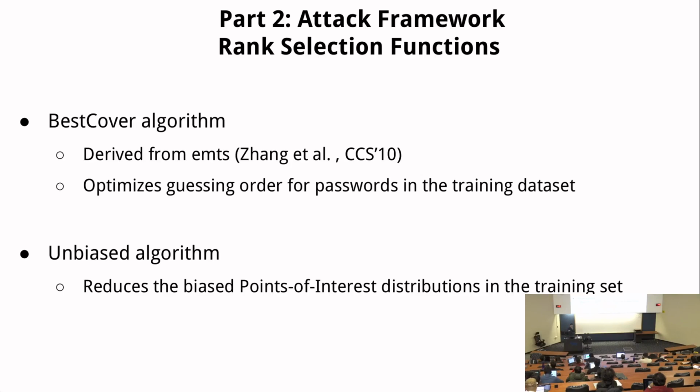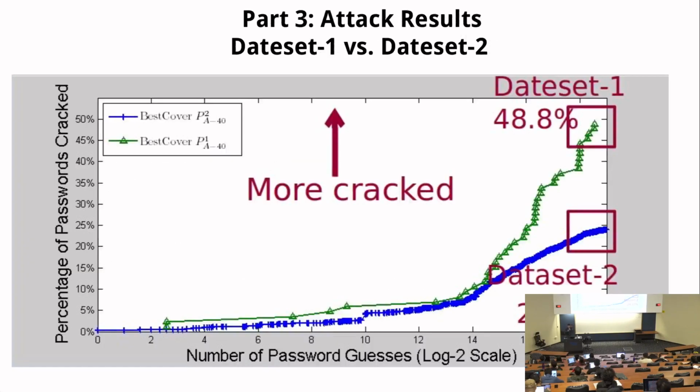However, if we apply this to a different picture which does not have eyes, or a different data set where the pictures do not have many pictures of people, then this pattern doesn't make sense there. That's why we have another algorithm. We call it the unbiased algorithm, which is to reduce the biased POI distribution in the training data set. And we evaluated both algorithms on both data sets, and some very interesting findings there.